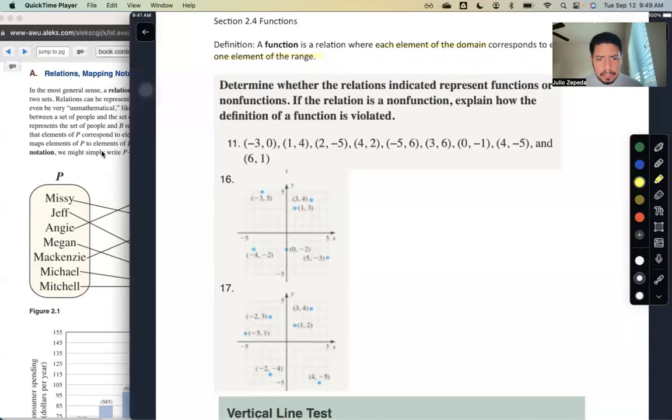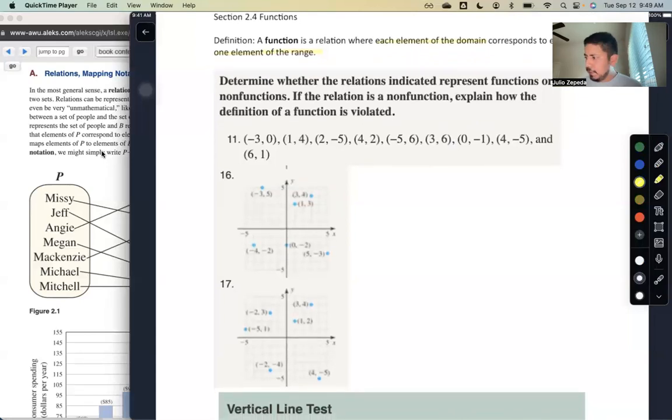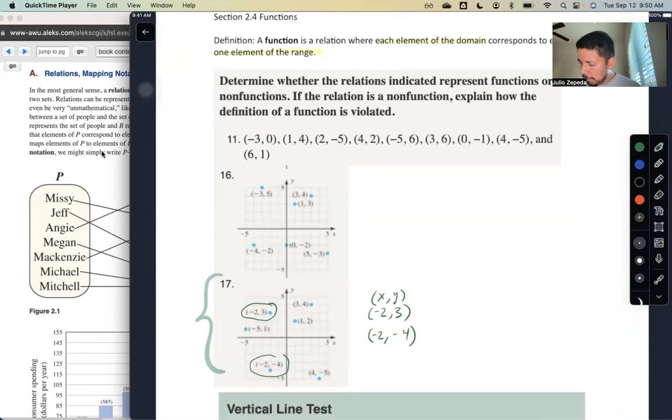Let's start here with number 17. If you take a look at the picture for problem number 17, we can see that we have the coordinates -2, 3, and these are x, y coordinates, ordered pairs. And then we also have -2, -4. Now we can see this point right here and this point right here.